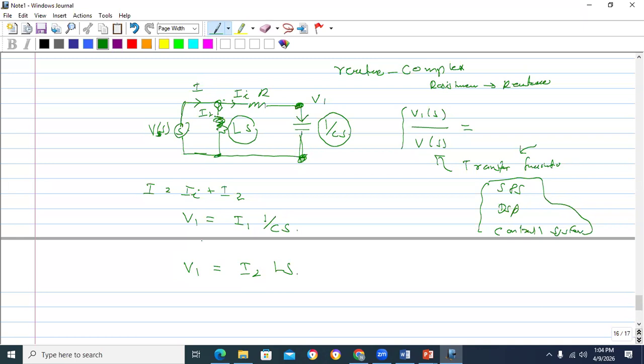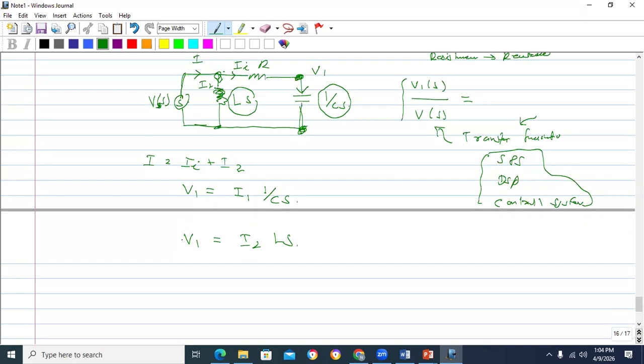Now you need to find V1 over Vs, so you need to remove this I1 and I2 somehow. For that, you can get another relationship between I2 and I1.